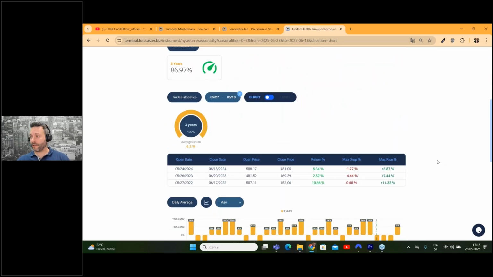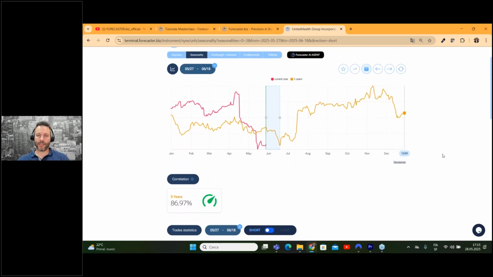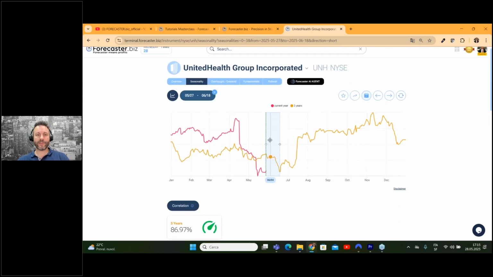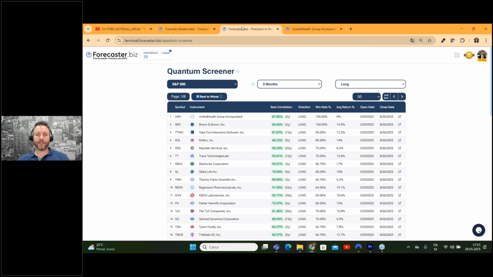We can expect something like an average return for a short of 6%, okay? So in this case, thanks to the fact that current year actual prices are moving like the 3-year seasonality, we can just wait for another drop in prices and then start to buy this specific stock. What's important is that we found this opportunity thanks to the quantum screener, okay?